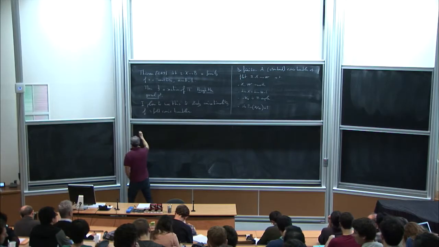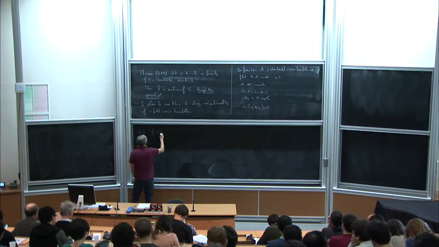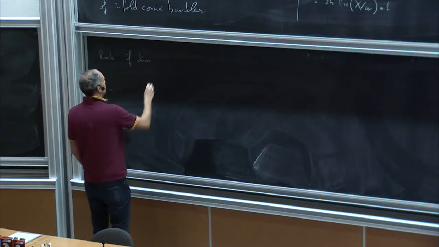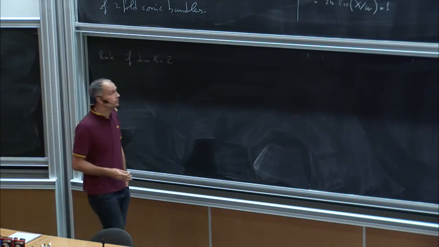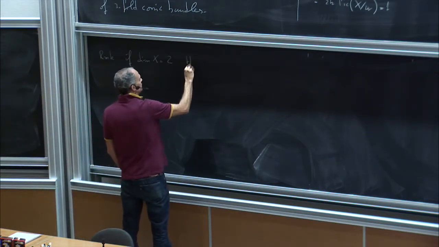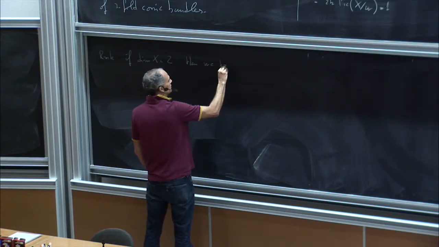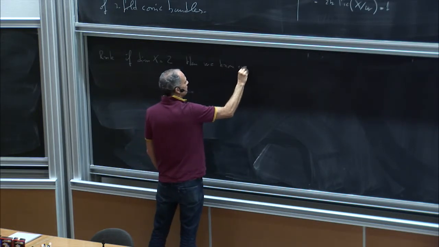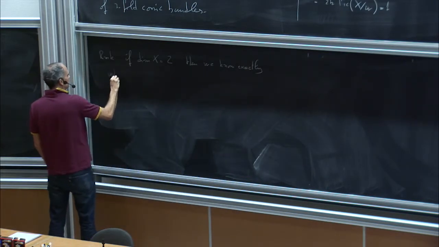So remark, if the dimension of X is 2, so X is a surface, then we know exactly what X is.